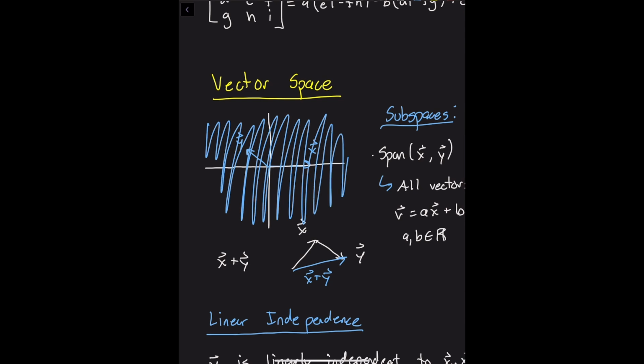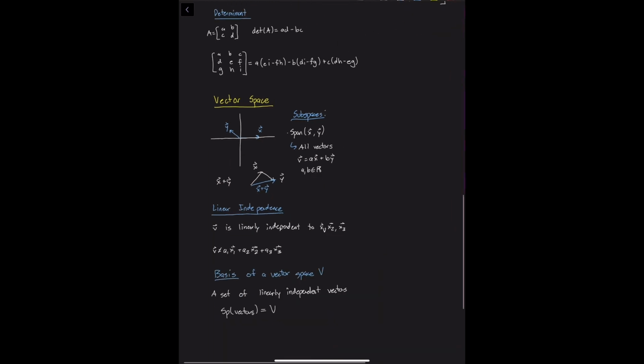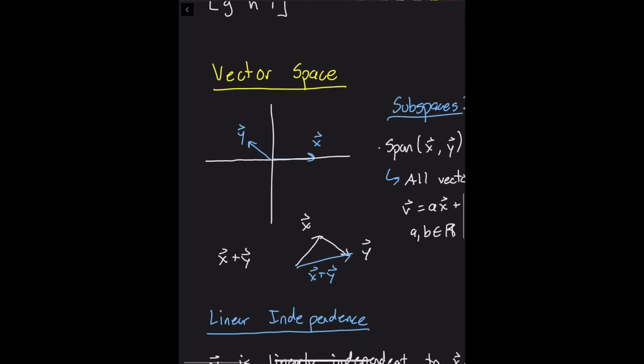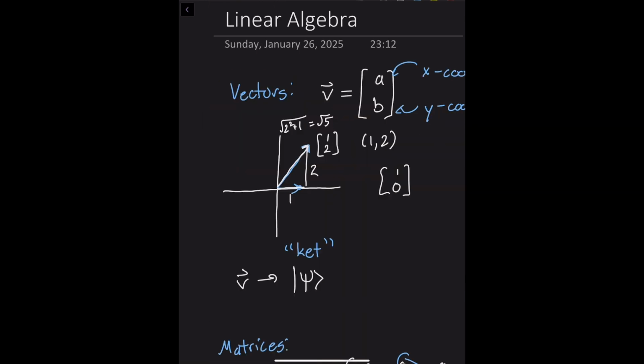So that means that x and y actually are a basis of the vector space. So if I wanted to have any vector in this, I could get it with x and y.